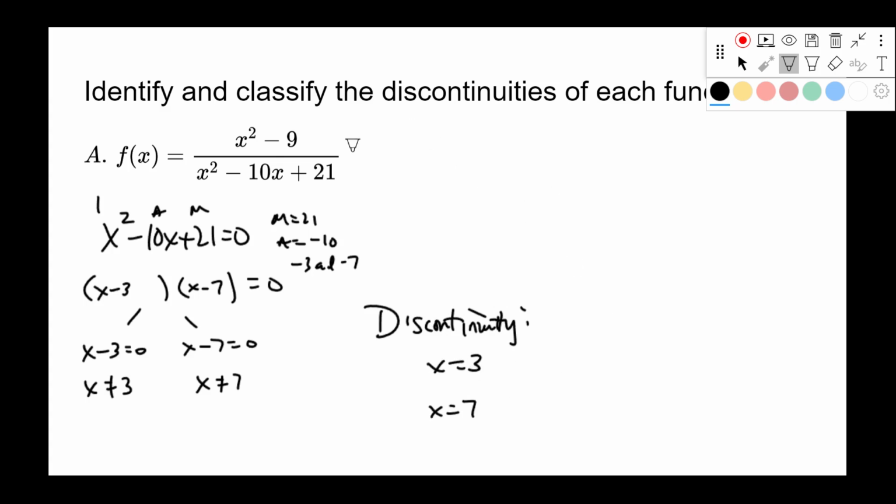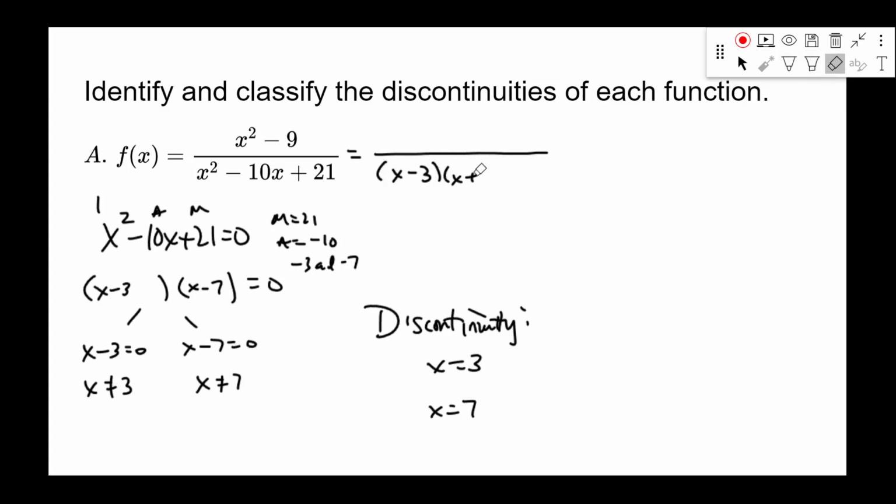What I need to do is go back to my original equation. I factored the bottom as x minus 3 times x minus 7. Now in the numerator I'm going to try to factor and remove any discontinuities that I can. The top factors as a difference of two squares, x plus 3 times x minus 3.